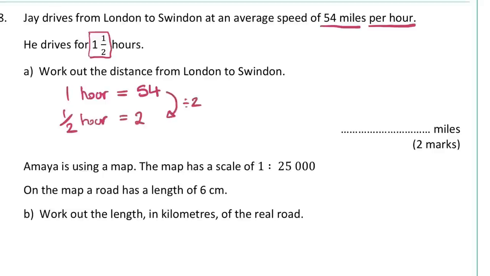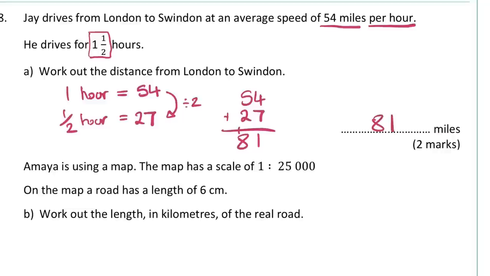Dividing that by 2, you get 27 miles. So overall, in the hour and a half that he's going 54 miles per hour, he does 54 plus 27. So we just need to add those two together, 54 and 27. Add those up, 7 plus 4 is 11, 5 plus 2 is 7, plus the 1 is 8. So he does 81 miles in total.